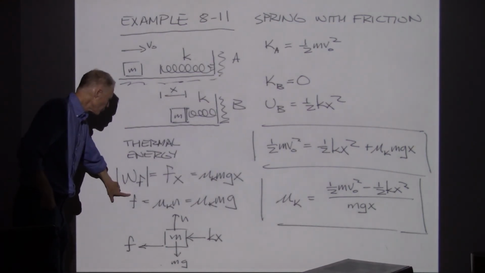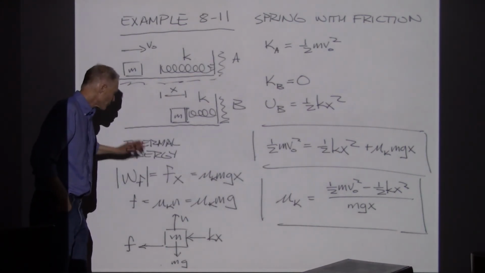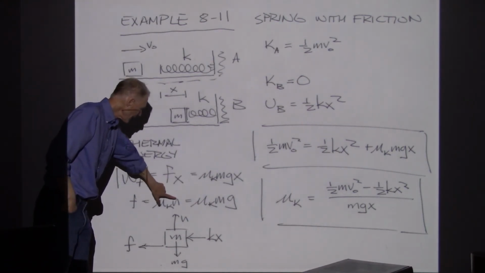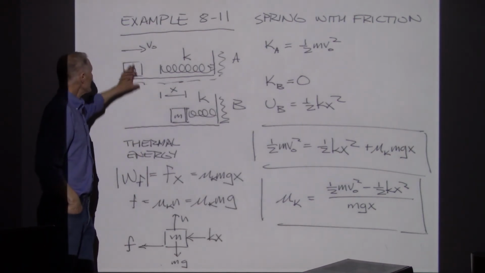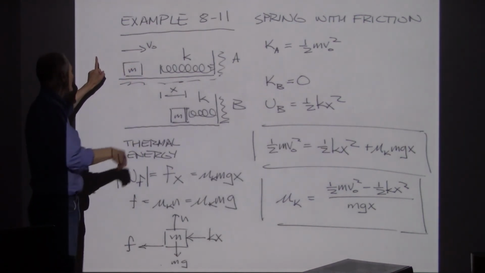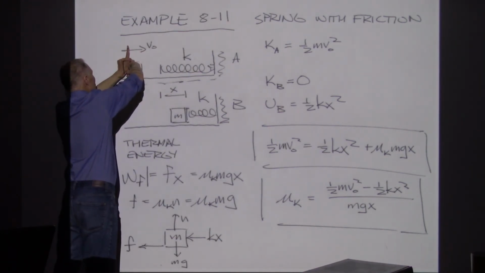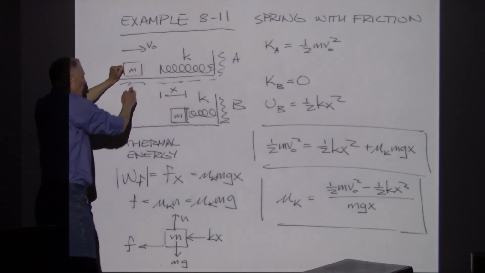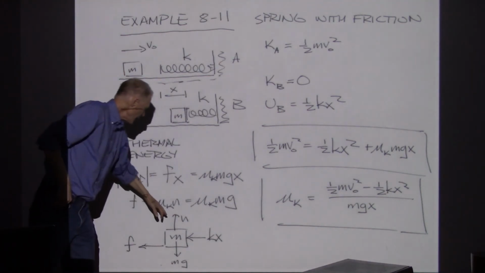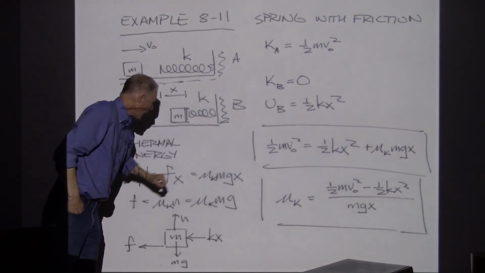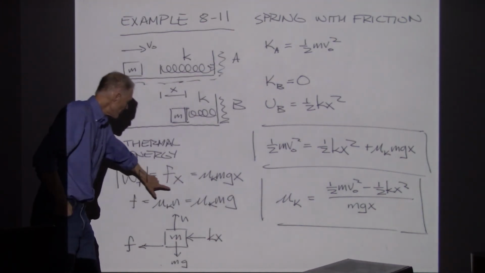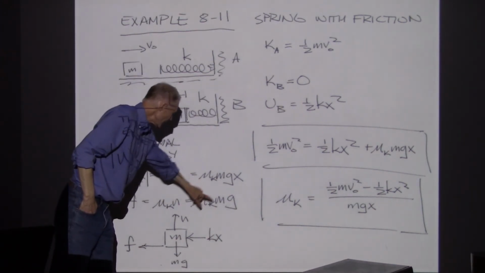Now the frictional force, this is kinetic friction. There's a mu sub k times N, and in this picture, I didn't draw it, but there's going to be a normal force here, there's going to be an mg here, N will equal mg. And so I can substitute, the N gets replaced with mg.